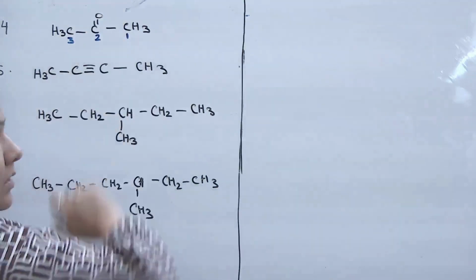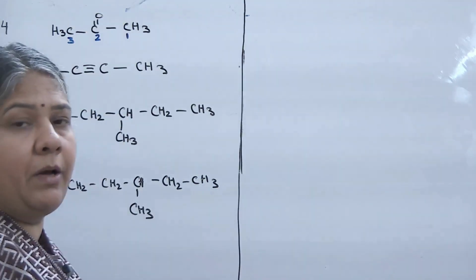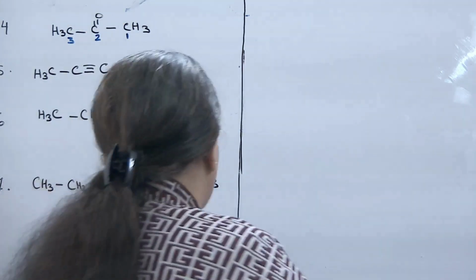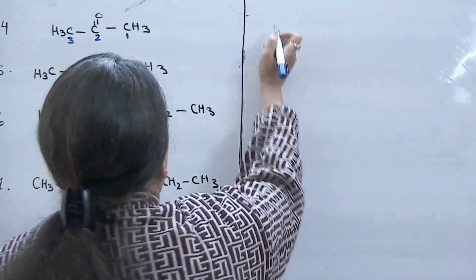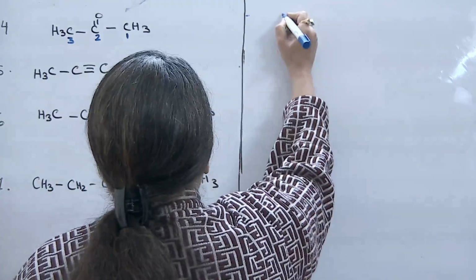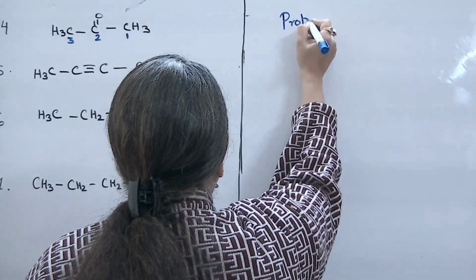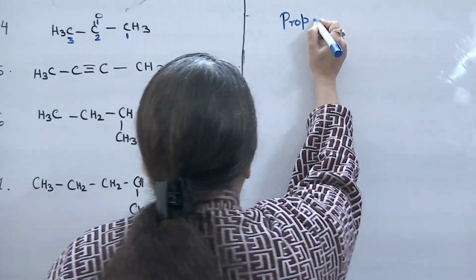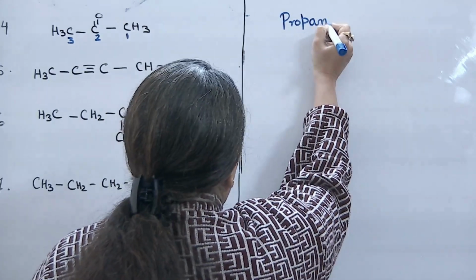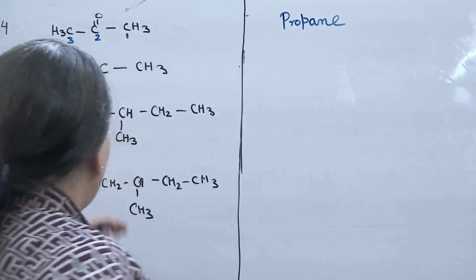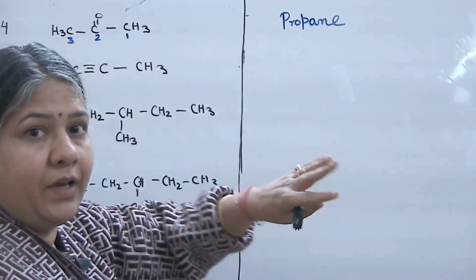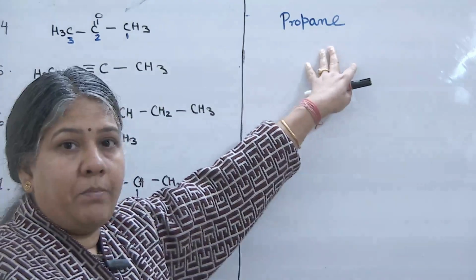The functional group is ketone, so it will come in the suffix part. So the name will be prop. See how you are going to name. If there was only a single bond, the name would have been propane.